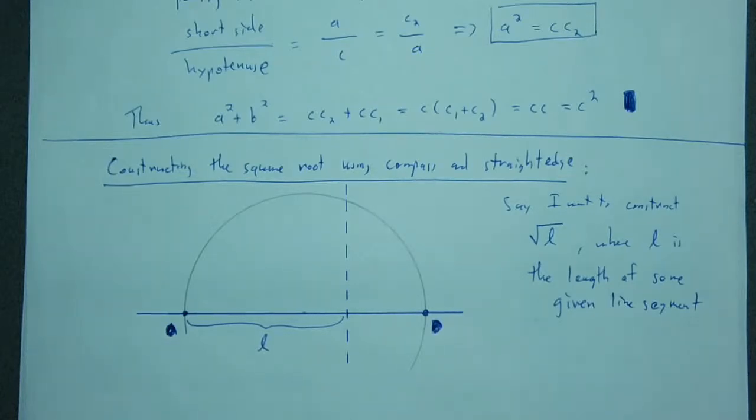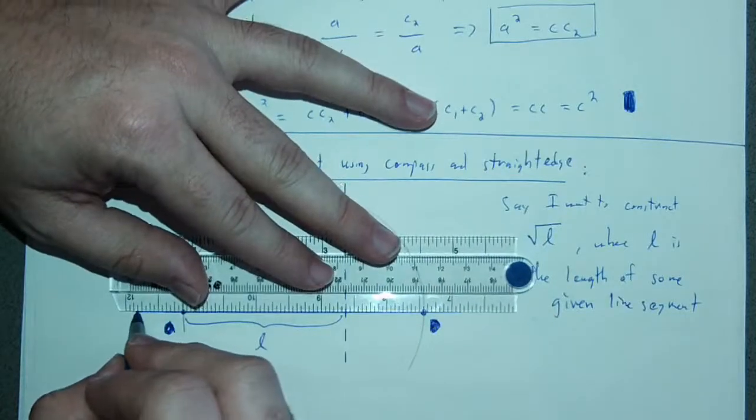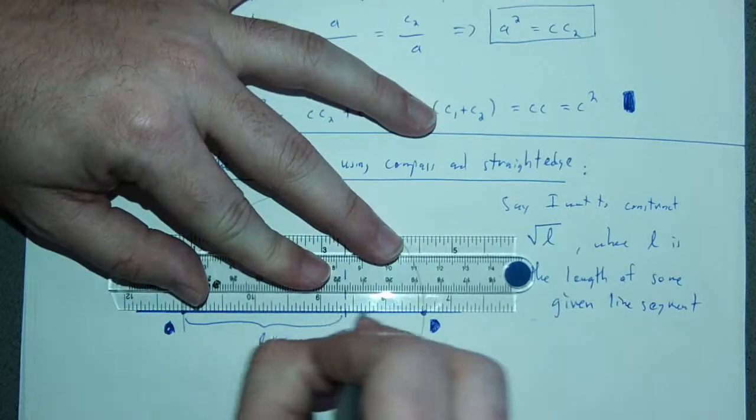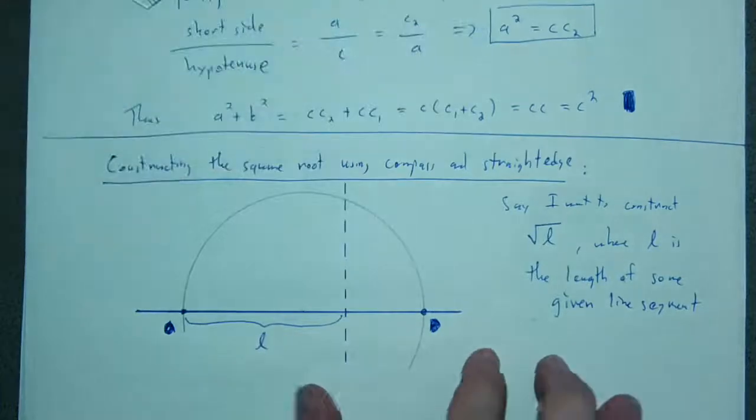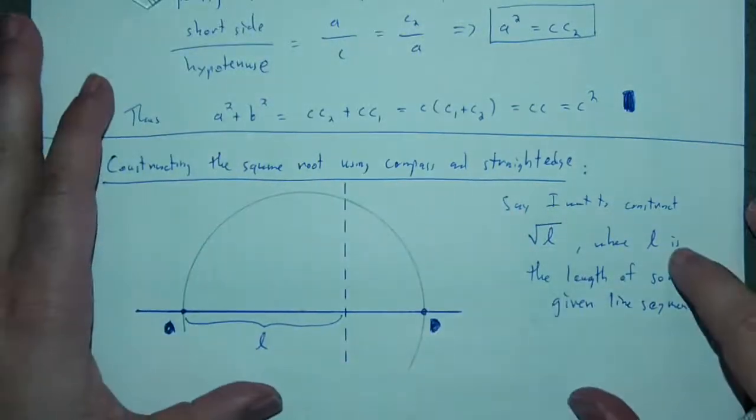What do I do? I take this length L, I take my straight edge, and I extend this length L. Now, there's no circle here, right? I'm going to draw that in a second.